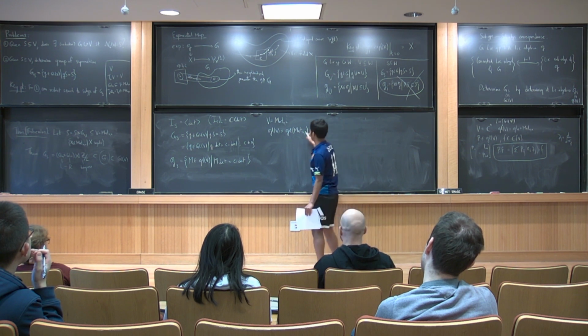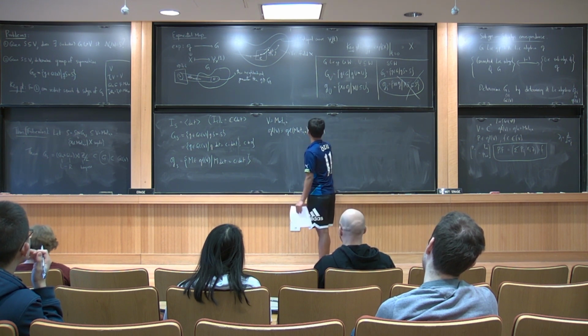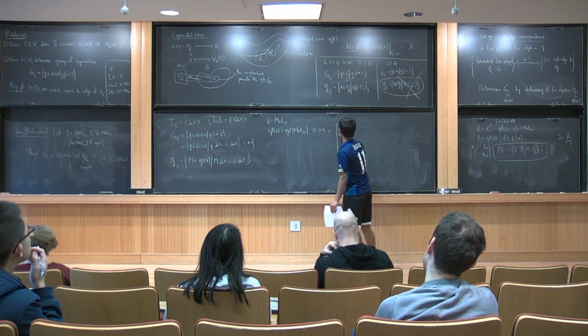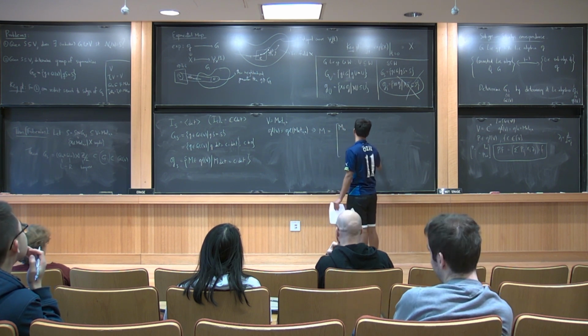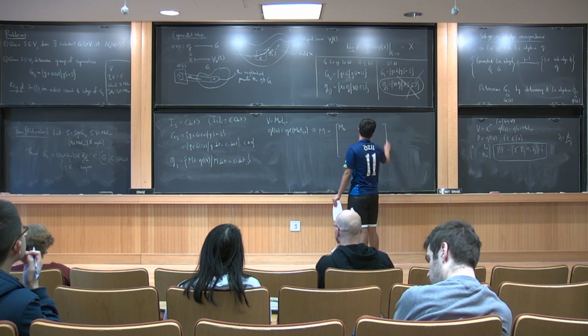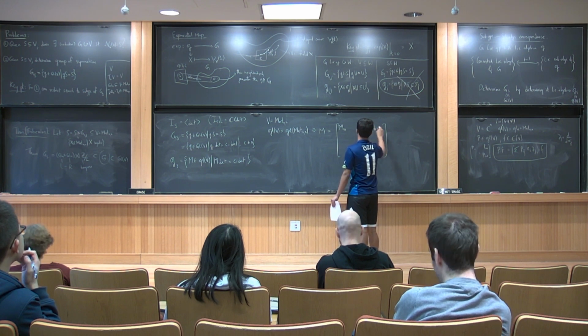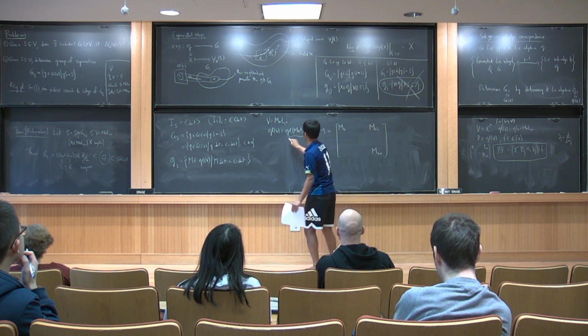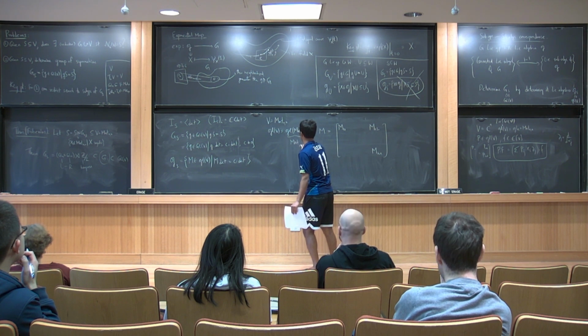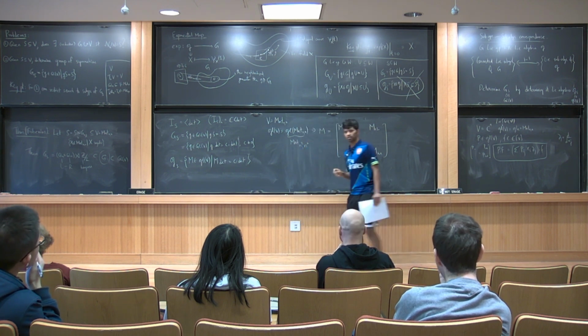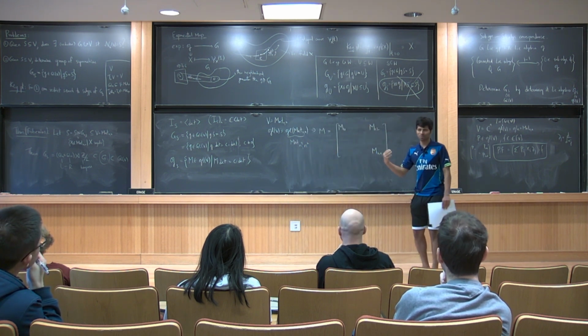Okay. So if you take something in here, I will write it down in block form. This here is n squared by n squared matrices. I'm going to do this computation a little bit fast, so don't hold on to the details.